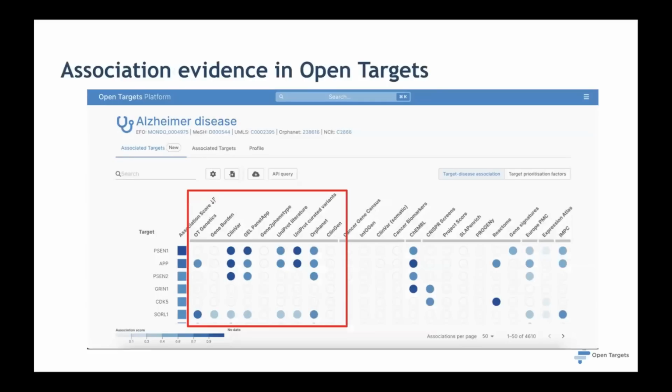This is an example of an association page in Open Targets. So if you have a specific disease and you want to visualize all possible evidence for your target, this is how it looks. The first 9 columns, or however many of them, are actually dedicated to germline genetic evidence. You can see there are a lot of different sources. The GWAS one is represented by basically only one column, Open Targets Genetics.